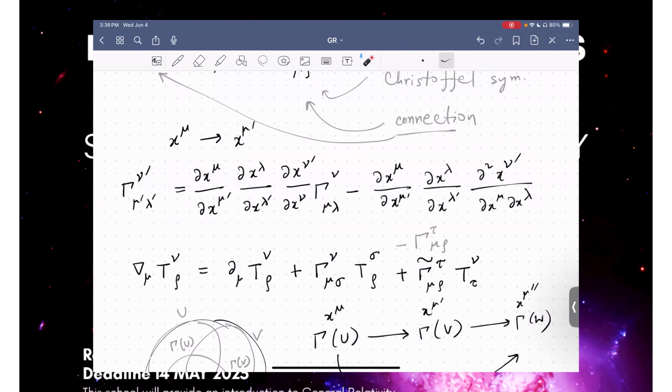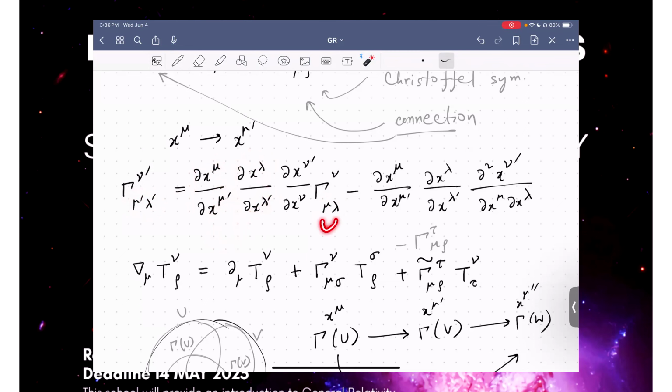So now let's look at the index structure. These two indices, mu and lambda, are contracted with mu and lambda. And then here you have mu prime, lambda prime, which appear here, right? And these two things obviously commute. You can change their position. It doesn't change anything.